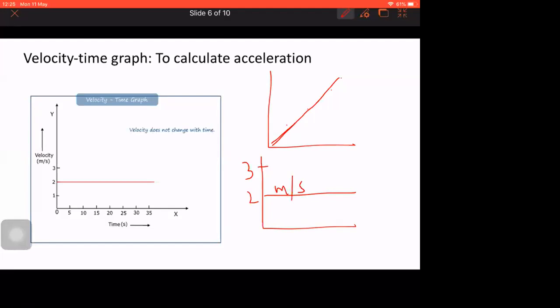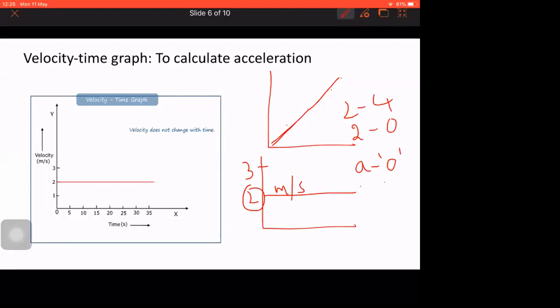So whenever velocity is not changing, acceleration will be zero, right? If velocity is always 2 meters per second, where is the question of acceleration? If it increases from 2 to 4, there will be some acceleration. If it decreases from 2 to 0, there will be some retardation. But when it is at constant velocity, acceleration will be zero. Clear?